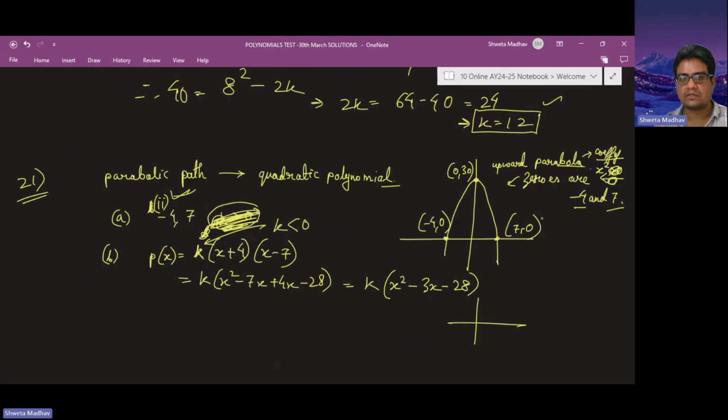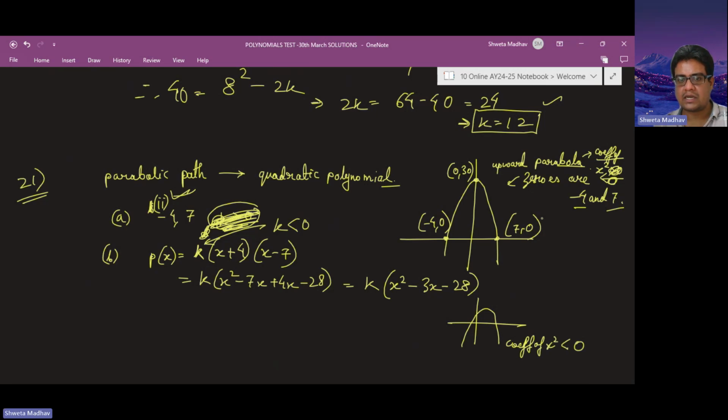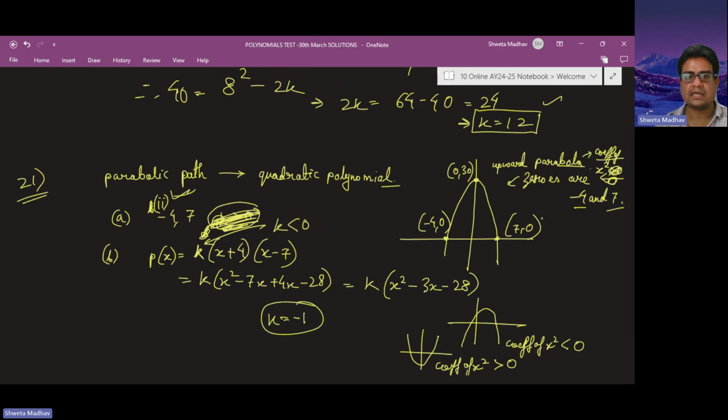When the graph is concave downwards, then the coefficient of x square should be less than 0, and if it is concave upwards, then the coefficient of x square should be greater than 0. So here k I can take as -1 also, since any negative number I can keep for k.